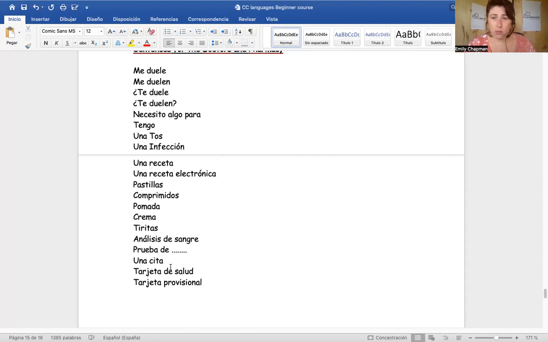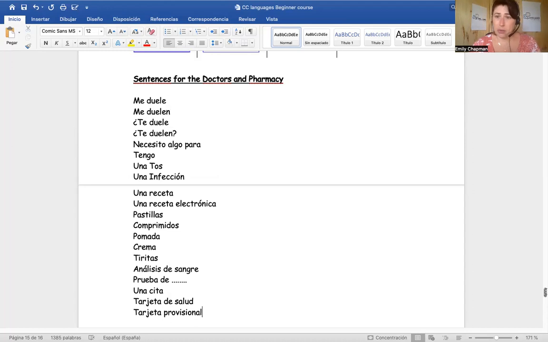Tarjeta de salud would be your health card, and then your provisional health card, which is a piece of paper that you get while you're waiting for your official health card to come in the post, which can take a very long time, would be tarjeta provisional, which is what you'd need to show at the medical center at reception. If you were booking an appointment and your health card isn't ready yet, you'll have a piece of paper called tarjeta provisional.